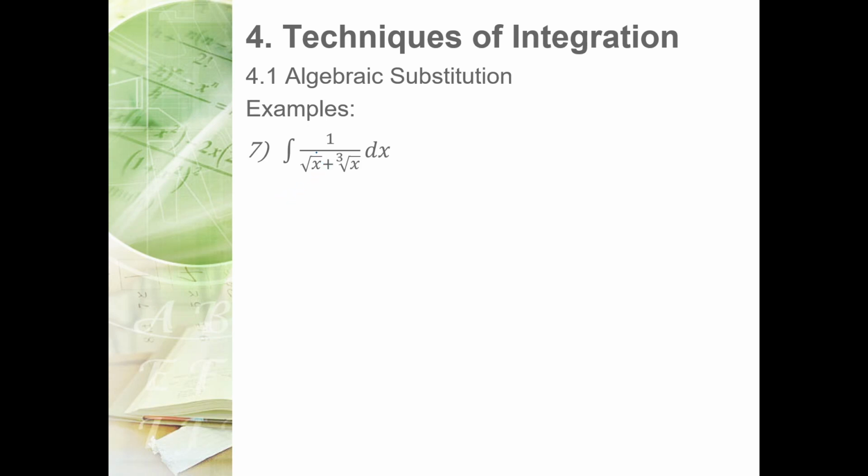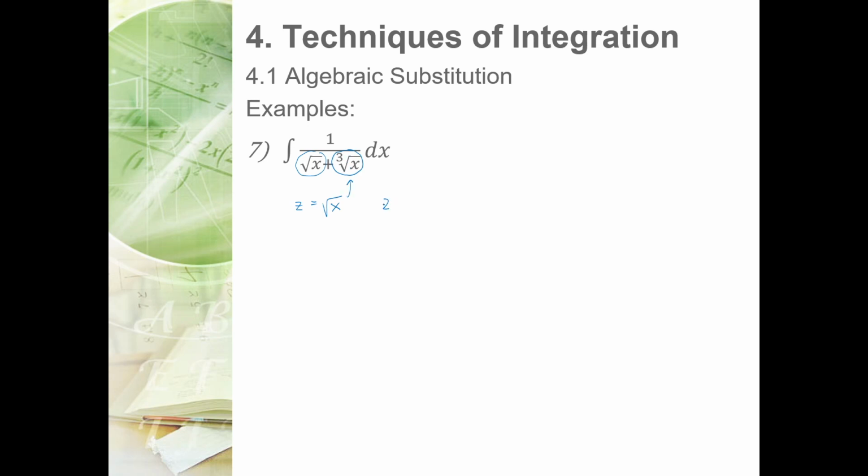Okay, so this time we have two different radical expressions. One is a square root, the other one is a cube root. So I think it's difficult for us to replace one at a time, right? So for example, if you're going to let z equal the square root, you can't replace the cube root, right?